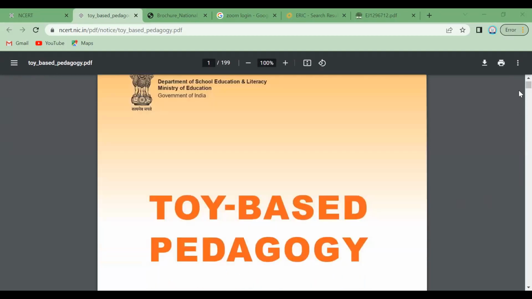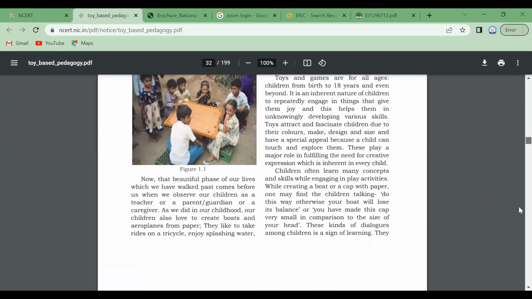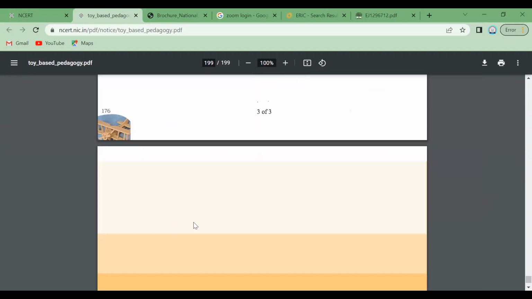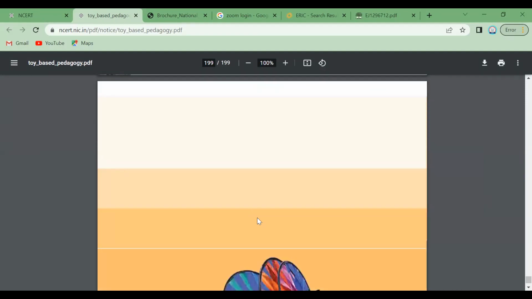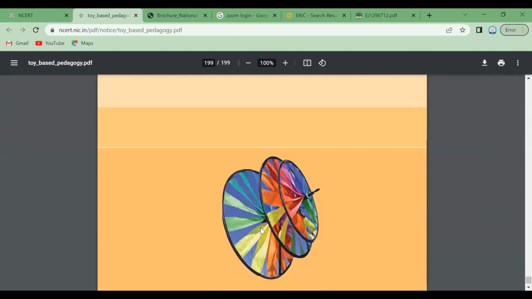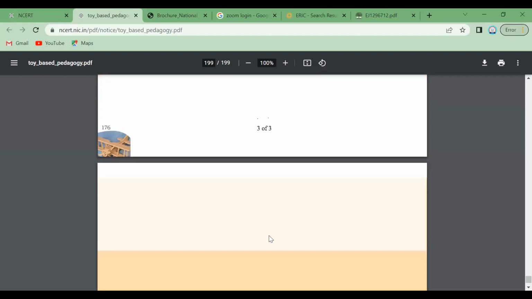In the end, they have mapped toy-based pedagogy to the syllabus based on the CBSE and NCERT books.